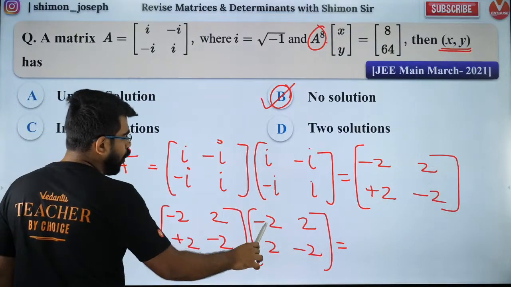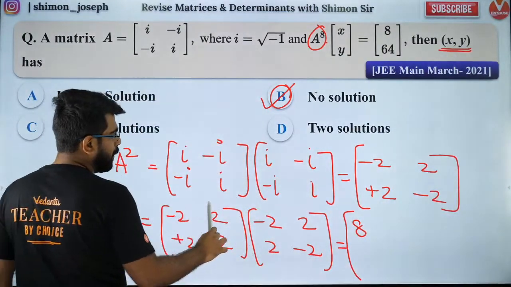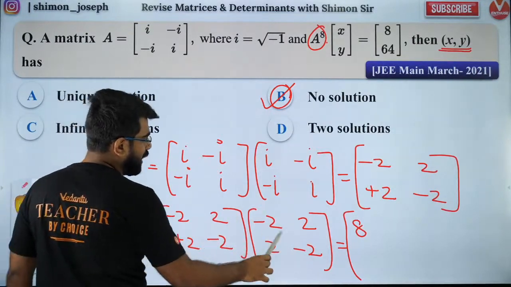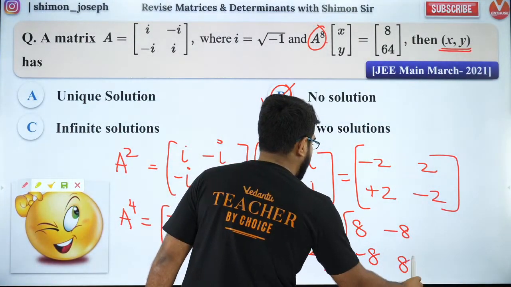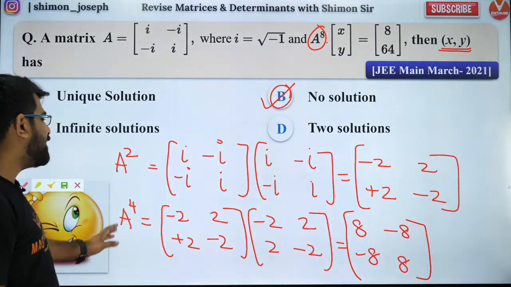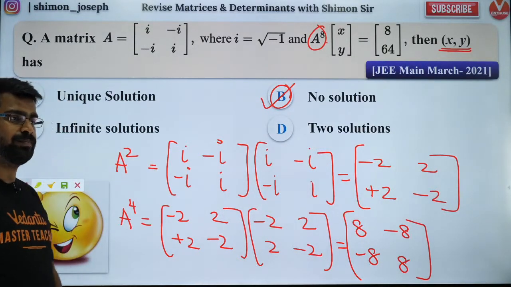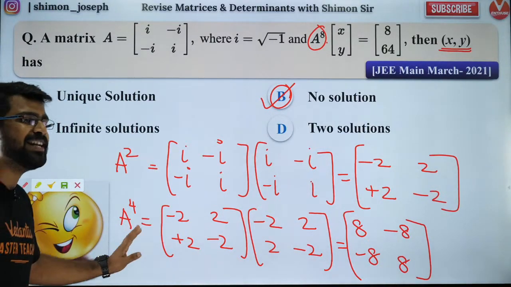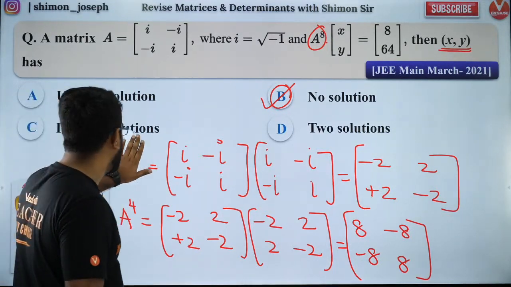It will be 4 plus 4, 8. And it will be -4 minus 4, so it will be -8. Then it will be -8, 8. Are you guys clear with that? Everybody? So that is A power 4. Are you all cool with it? Everybody is fine with this, guys?